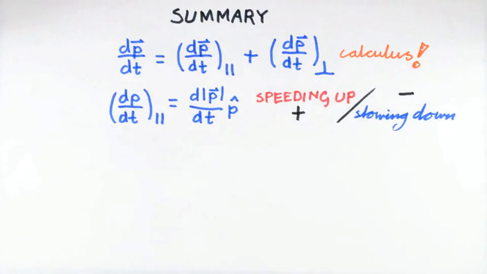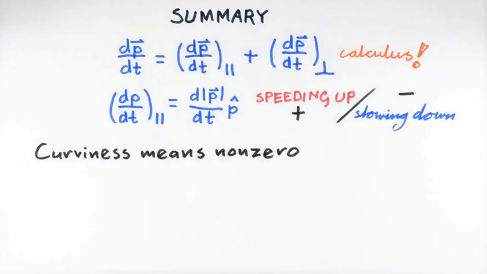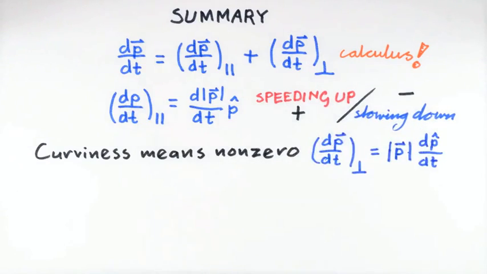In other words, whenever we observe the object to be speeding up or slowing down, then we expect this term to be non-zero. By contrast, when we see the trajectory of the object exhibiting curviness, then we expect the second part, dp dt perpendicular, to be non-zero.